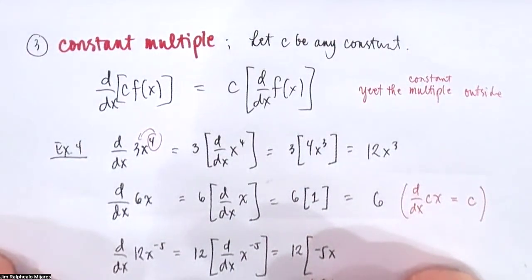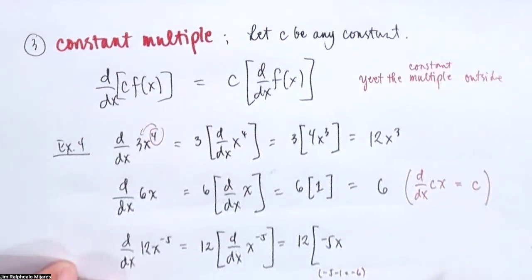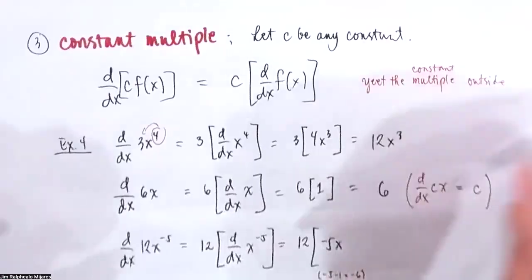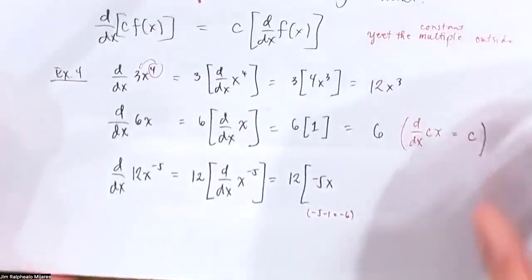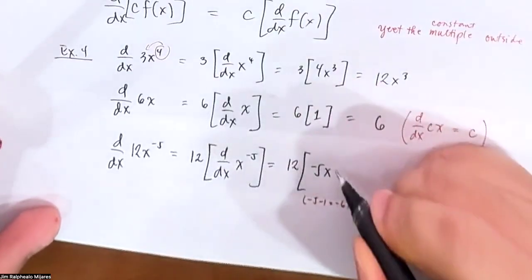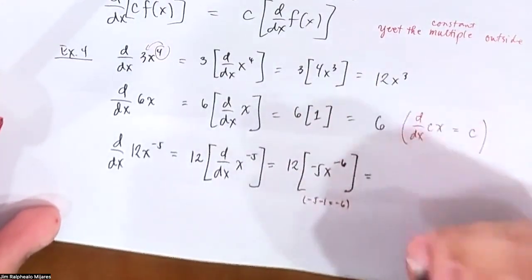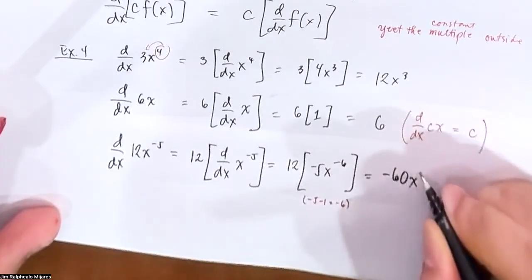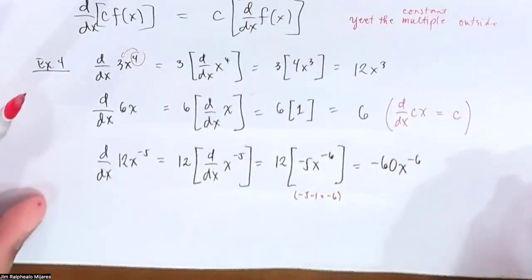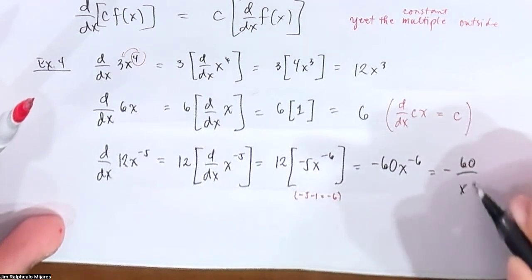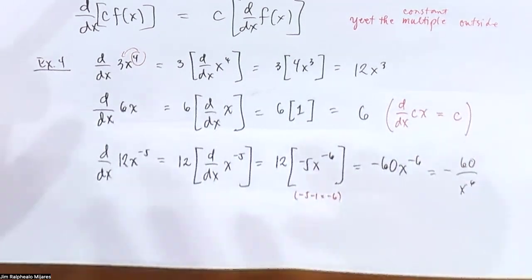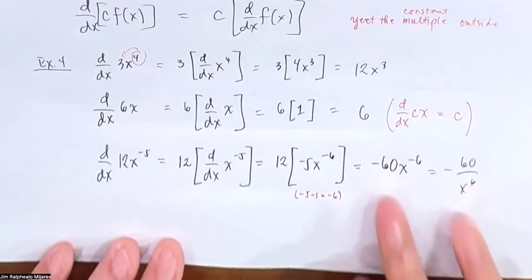Negative 5 minus 1 is equal to negative 6. So this will be negative 60 x to the negative 6. Of course, you can rewrite this as negative 60 over x to the 6. These are both equal.